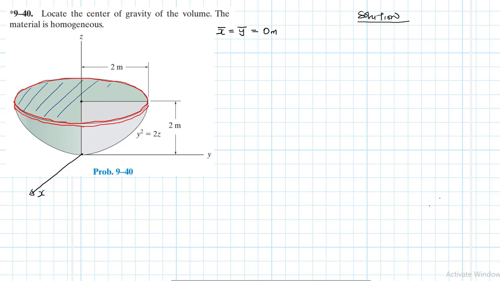It has this area here, and this disk has some thickness. Imagine this thickness along the z-axis, and this thickness is dz.